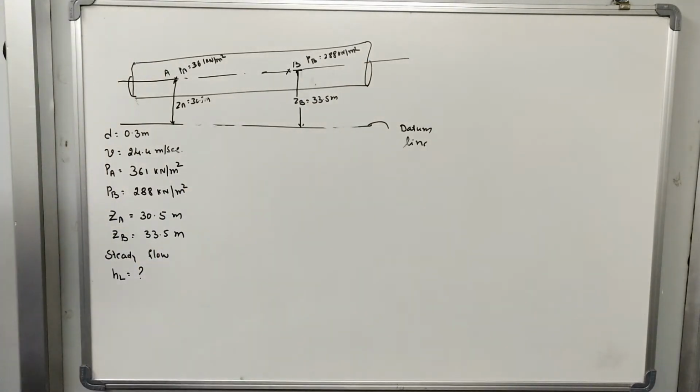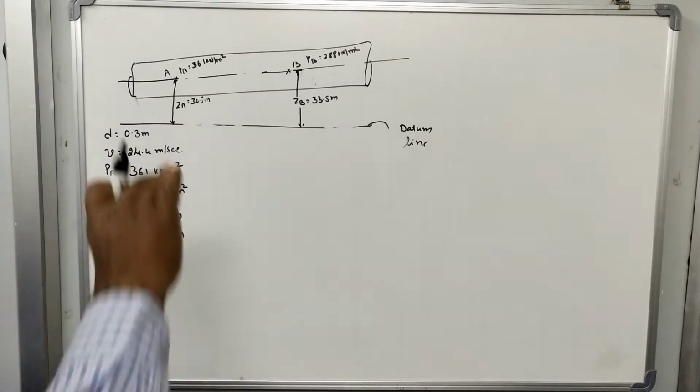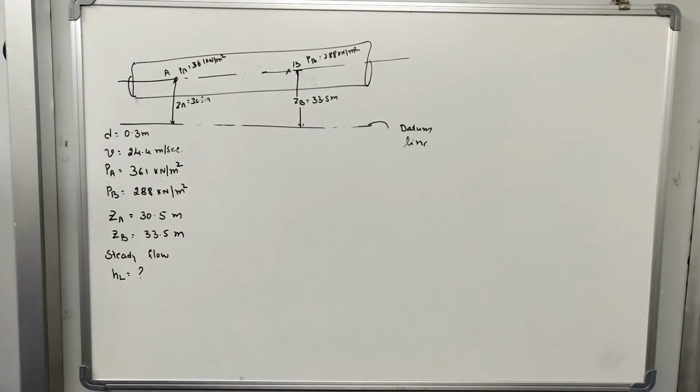Okay, students, this is the problem. There is a pipe through which water is flowing.